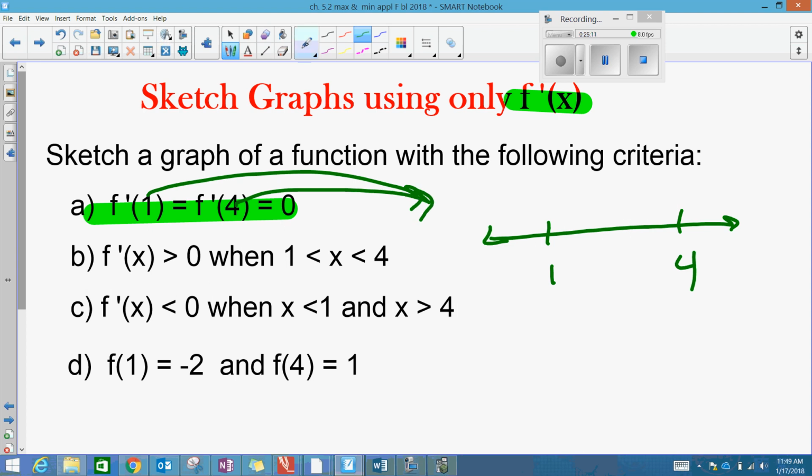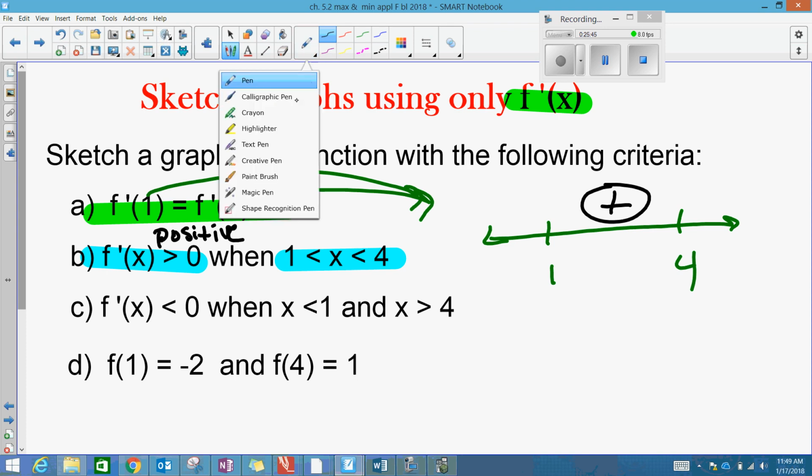Next, we are told that the derivative is greater than 0, or positive, when x is greater than 1 and less than 4. So if the derivative of f of x is greater than 0, that means it's positive between 1 and 4. That just means it's increasing between 1 and 4.